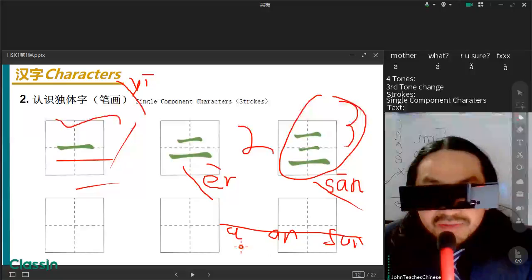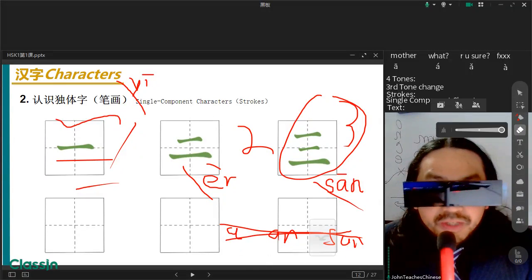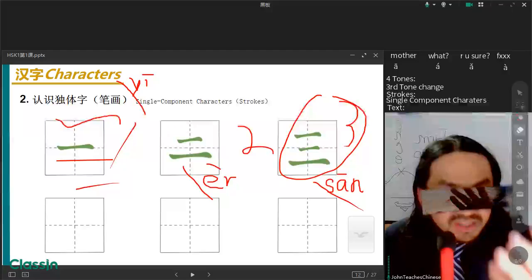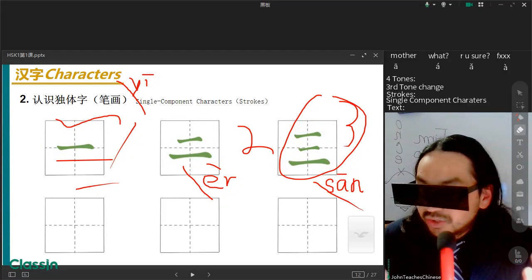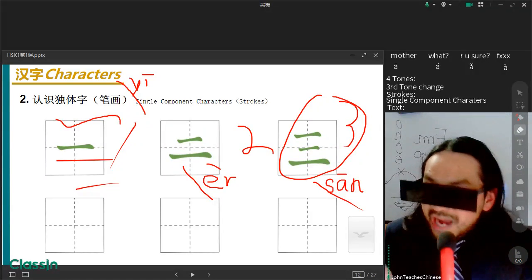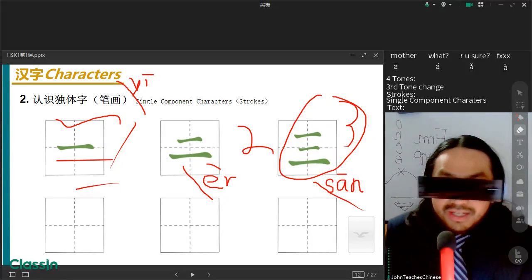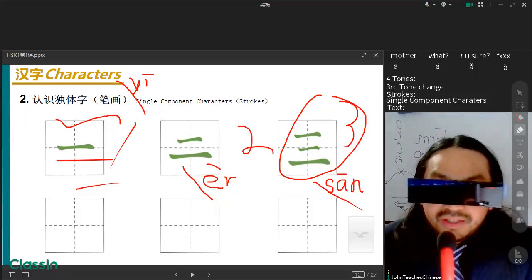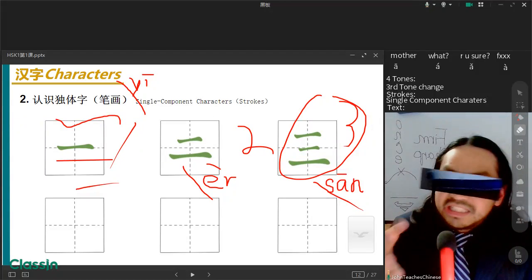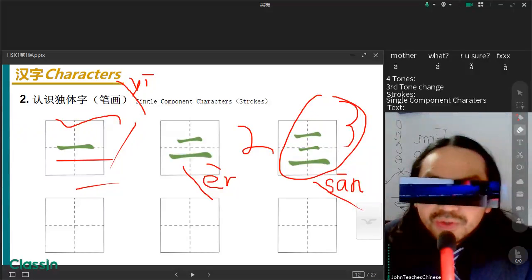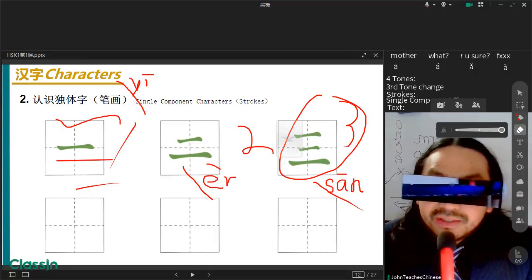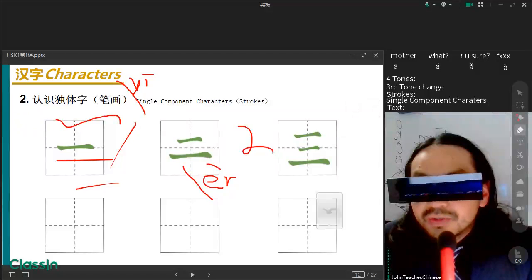None of the languages is like this. For example, uno, dos, tres, eins, zwei, drei, one, two, three, un, deux, trois, واحد, اثنين, ثلاثة, right? None of these, even Cantonese, yat, yi, saam. The one, two, three never sound the same. Okay, we went a little too far.